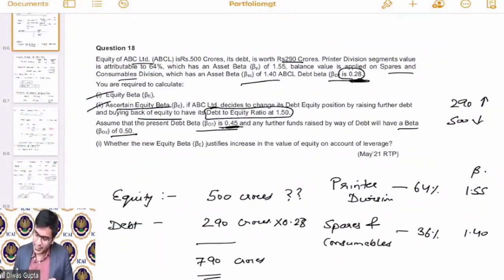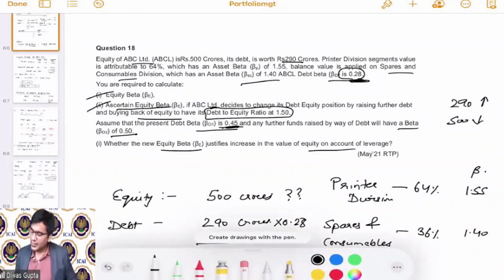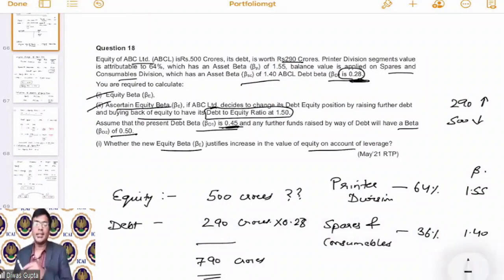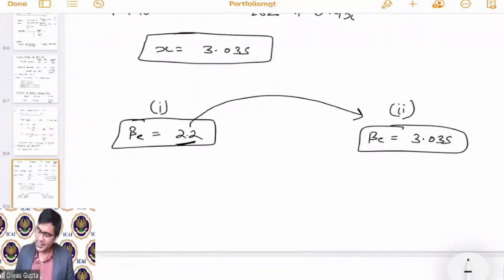Because the last part is related to that only, that whether the new equity beta justifies the increase in the value of equity or not. Please students, try to attempt this question that I am asking, that why there is an increase in beta.